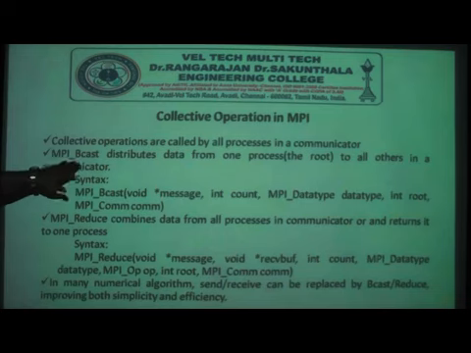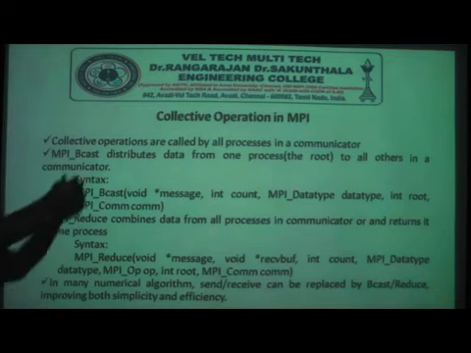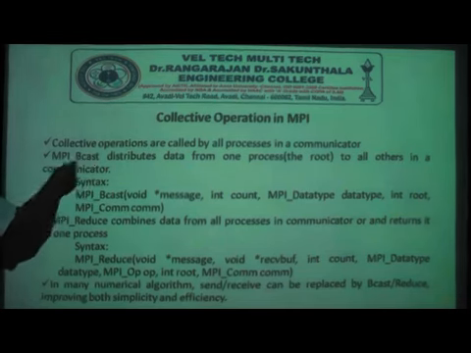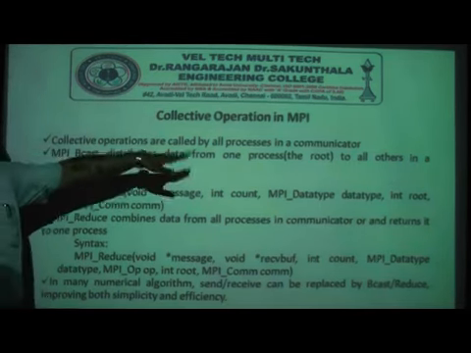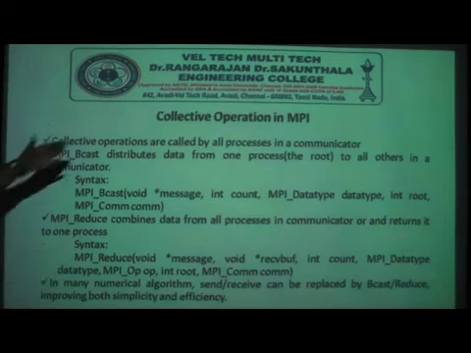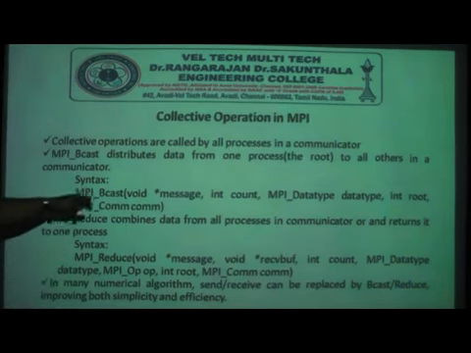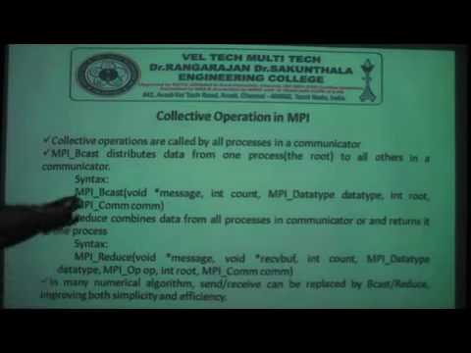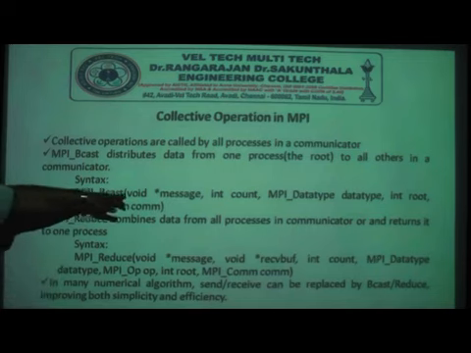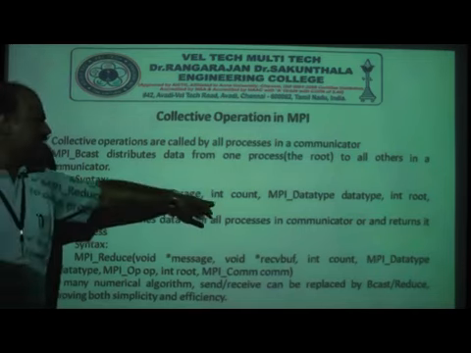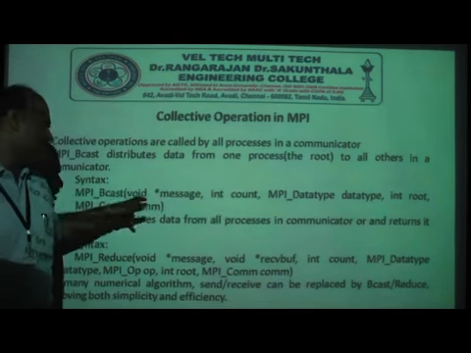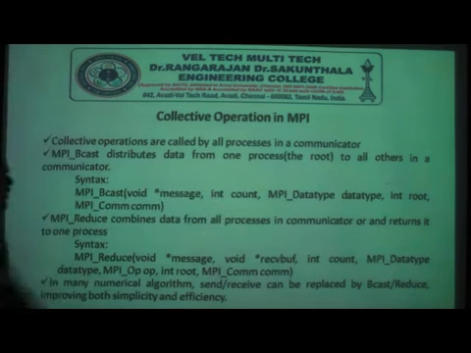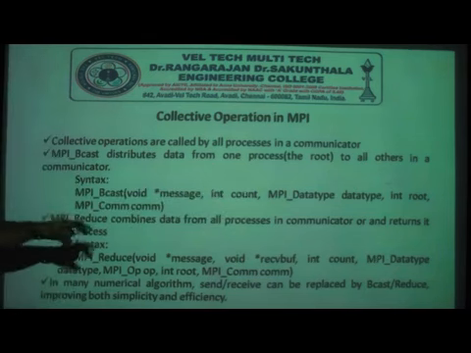In MPI broadcast, using the keyword bcast, MPI underscore bcast, it distributes data from one process to all other processes using the communicator. The syntax for MPI broadcast is MPI underscore bcast of void message, integer count, the data type used inside your data, root, and then the communicator involved.